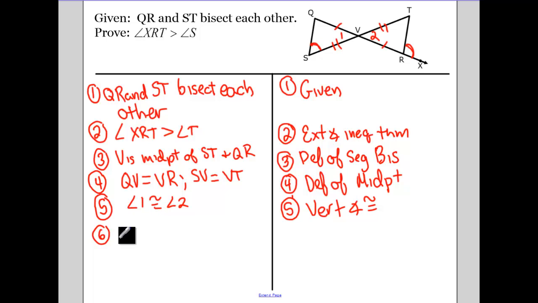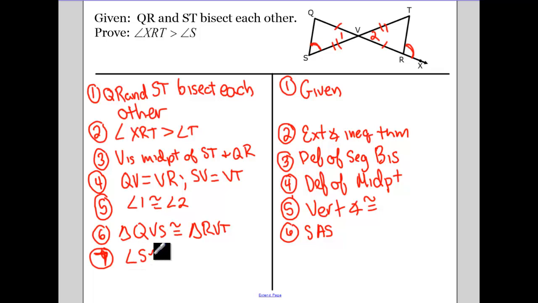Next, I know that triangle QVS is congruent to RVT by side angle side. So therefore then I know that angle S is congruent to angle T, which then that helps us get what we want.